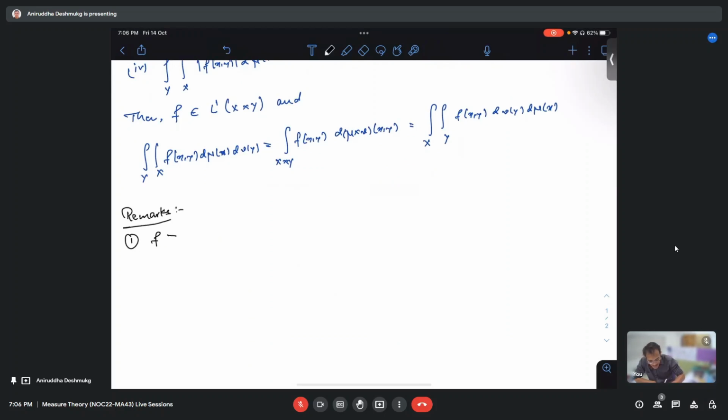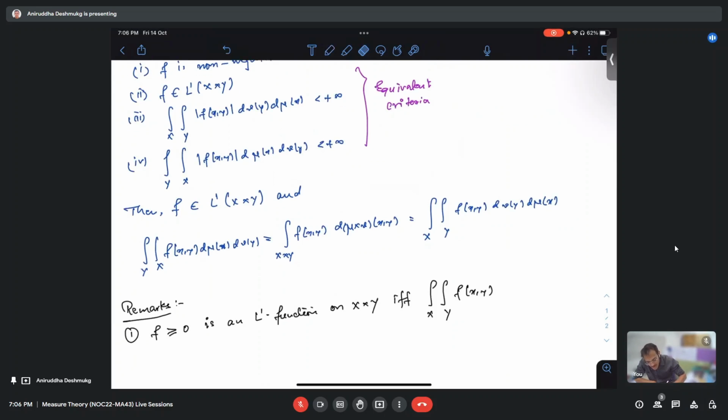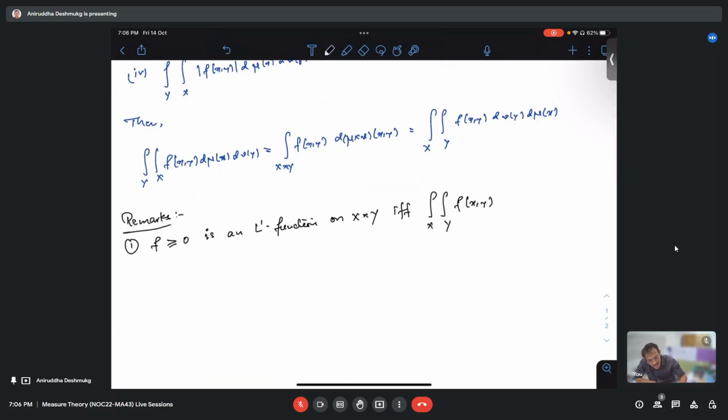In fact, for a non-negative measurable function, let us look at some remarks. One, a non-negative f is an L1 function on X cross Y if and only if integral over X, integral over Y, f(x,y), d nu y, d mu x is finite, and this is if and only if integral over Y, integral over X, f(x,y), d mu x, d nu y is finite.